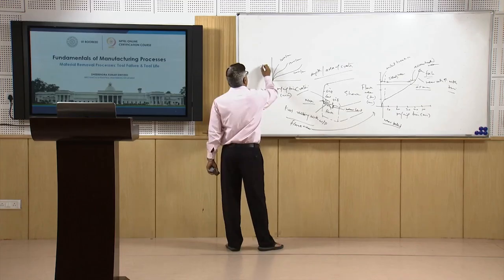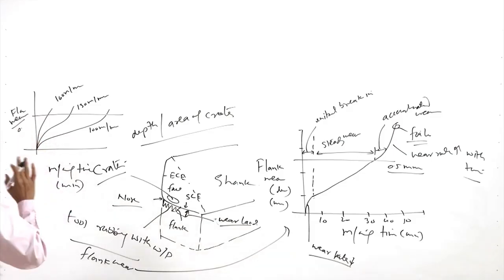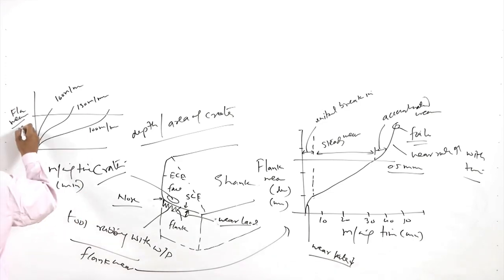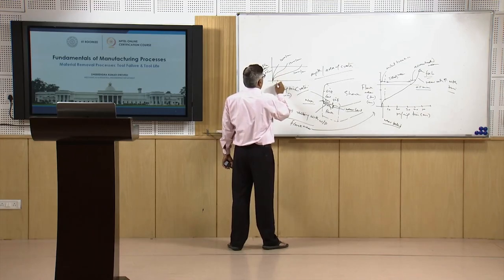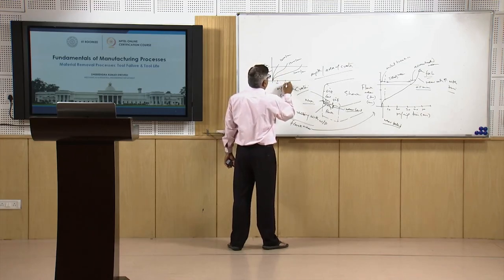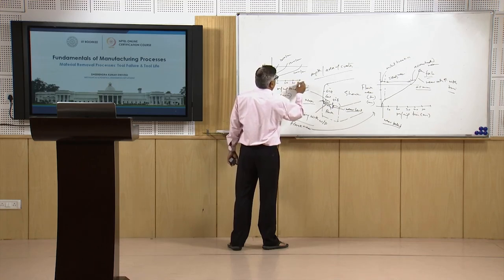If this is the flank wear and the cut-off limit for acceptance is this, when we decide that the tool has failed, which is say 0.5 mm, then the tool life may be 10 here, 20 here, 30 or 40 on the x axis.